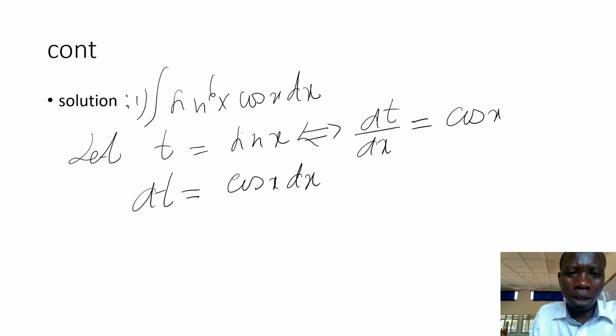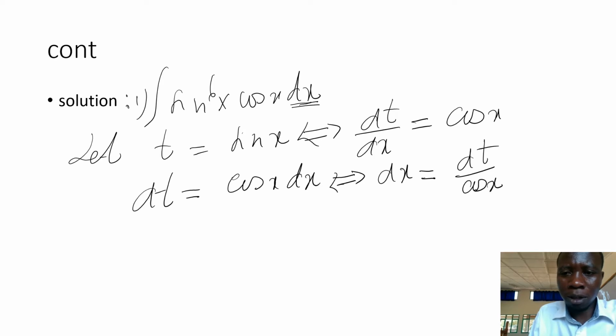As you can see, in my original integral I have dx, not dt. So let me make dx the subject of the formula in this expression. Here, dx is equal to dt over cos x. So you are going to replace this in the original integral.